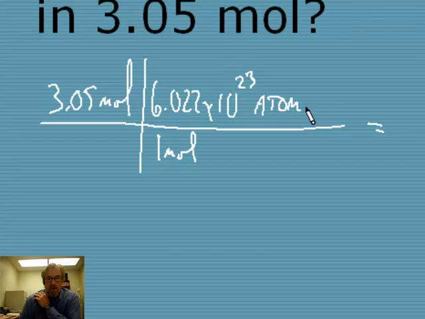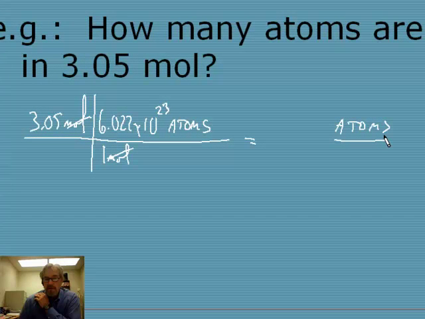Why is that useful? Because now moles cancel, and my unit is atoms. So then I know when I just multiply 3.05 by 6.022 times 10 to the 23rd, I'll have my right answer. And of course we saw it before, it's 1.84 times 10 to the 24th. So either proportions or dimensional analysis can help you convert between moles and atoms.